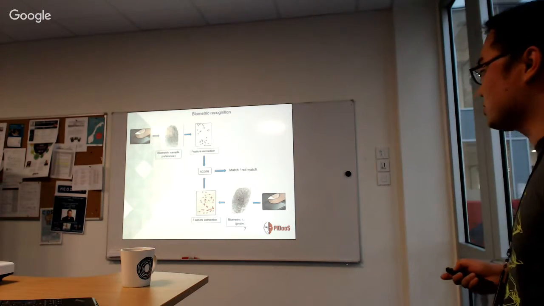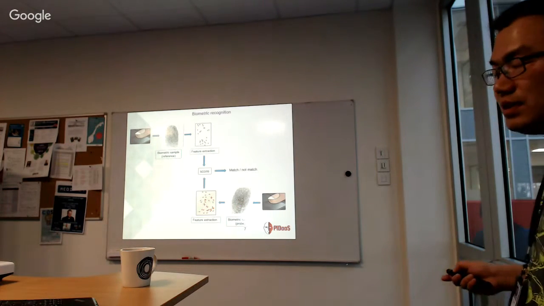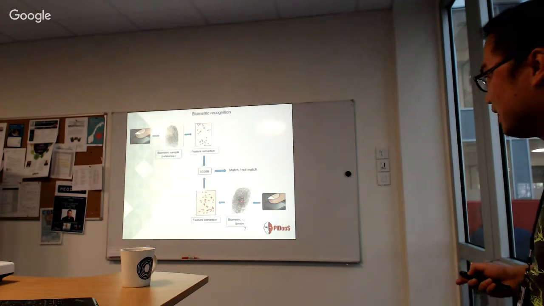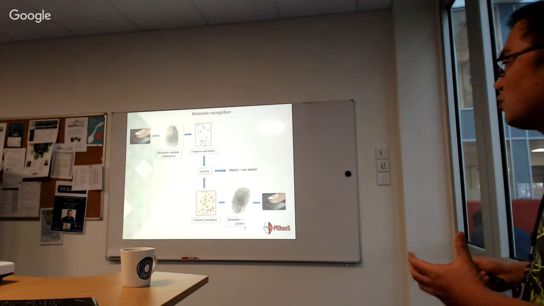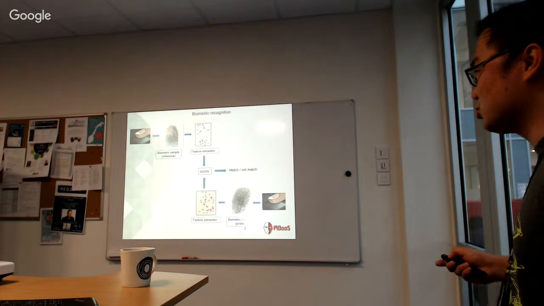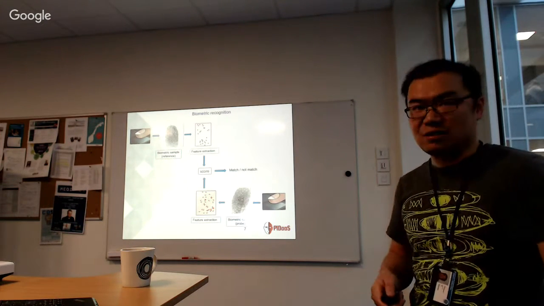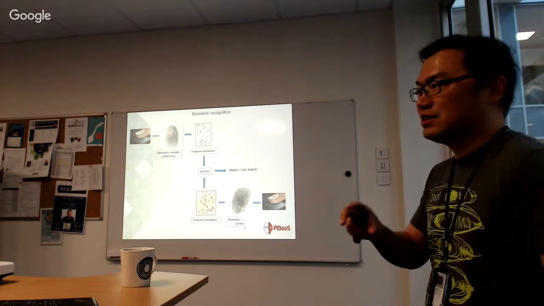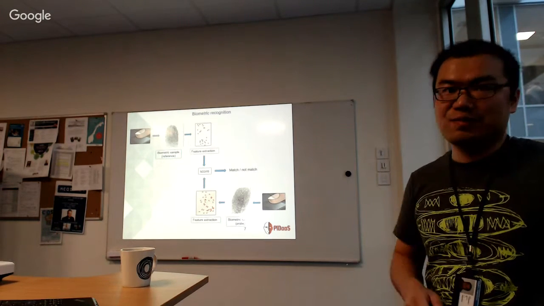So we also extract some features from the sample captured at the authentication stage, and then we calculate how similar these 2 samples are, and decide whether they are matched or not by setting a threshold. If they have a very high similarity score, they will be matched.